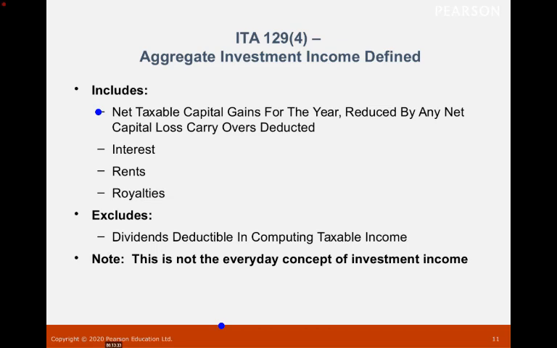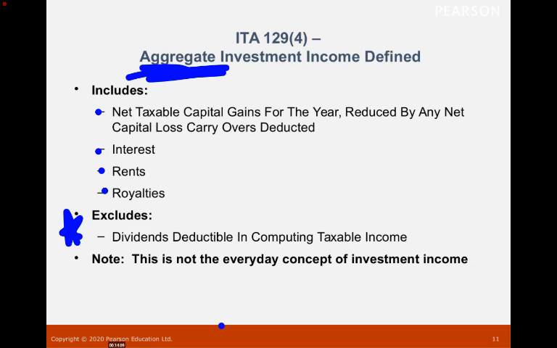Interest, rents, and royalties. These are what we include in aggregate investment income. You will note that for this purpose, it excludes dividends. Now, normally we would think of dividends as investment income. You buy some shares, you get a return on that through dividends. That would be a passive investment source of income.